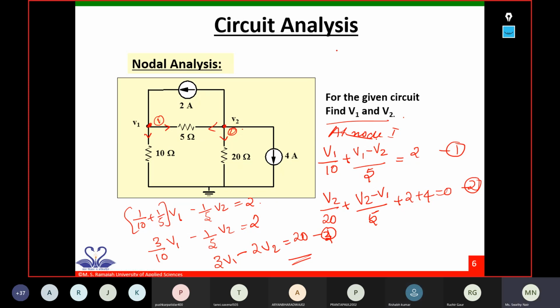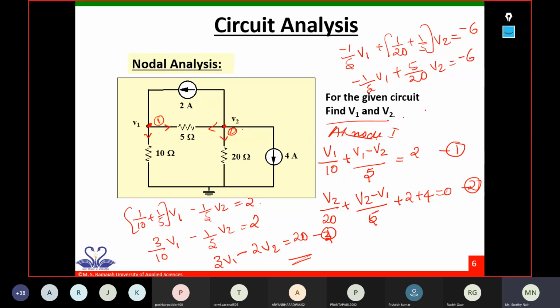Now coming to the second equation: minus 1/5 V1 plus (1/20 + 1/5) V2 is equal to minus 6, since 2 plus 4 is 6 and I am taking it outside. Taking 20 as the common denominator, 1/5 plus 1/20 becomes 5/20. So minus 1/5 V1 plus 5/20 V2 is equal to minus 6.